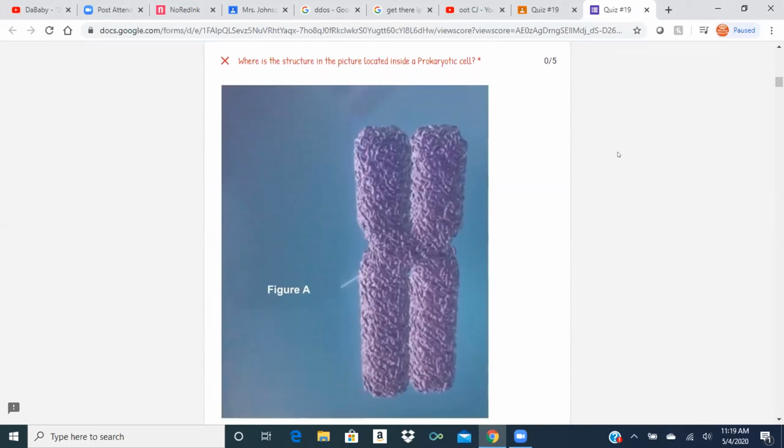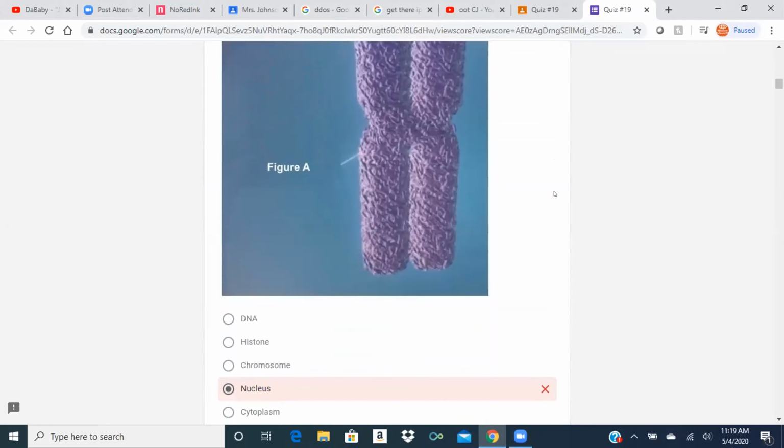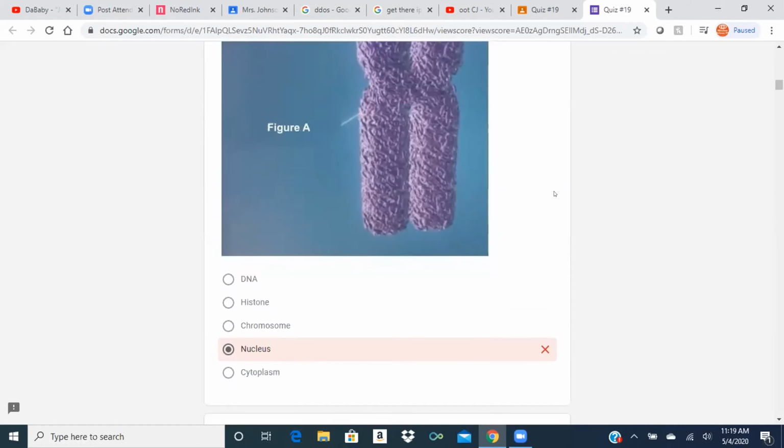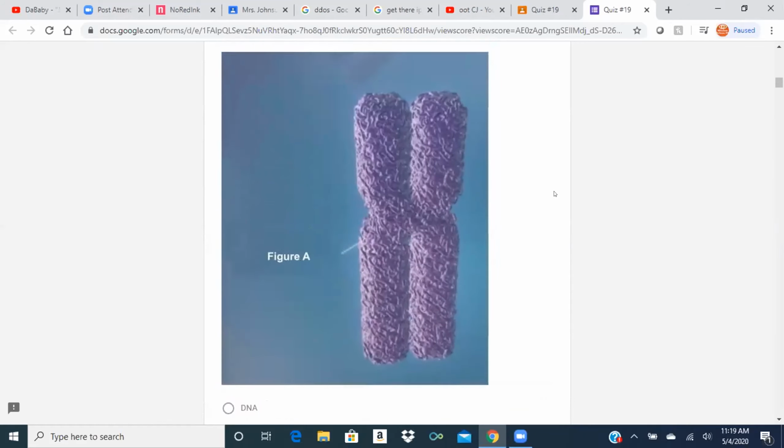Where is the structure in the picture located in a primitive or prokaryotic cell? Remember, prokaryotic doesn't have any organelles. Wait, ask the question again.